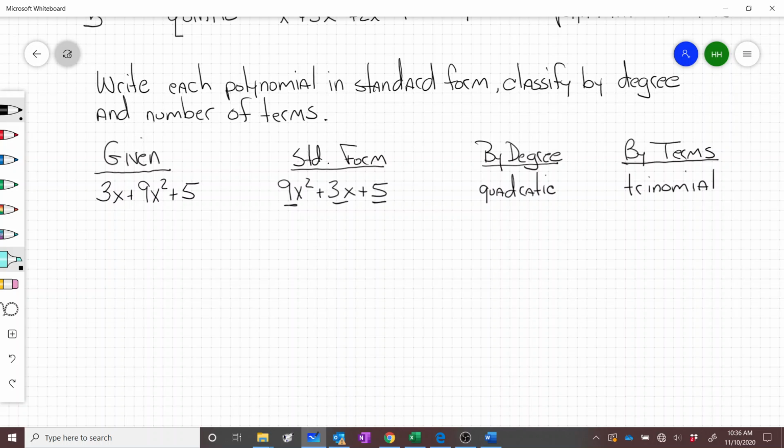If we're given 4x minus 6x squared plus x to the fourth plus 10x squared minus 12.